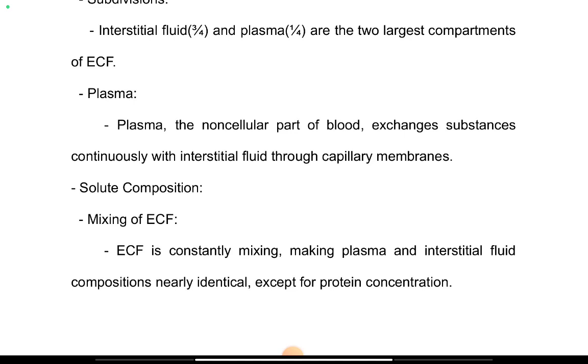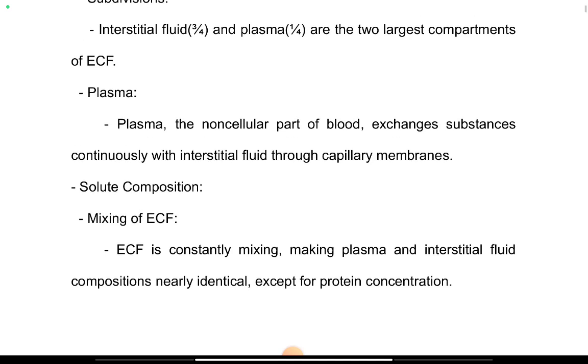The plasma is just the fluid within the blood vessels. Inside the blood vessels, we have the blood cells and the fluid. So the fluid medium is the plasma, and the blood cells are the white blood cells and the red blood cells. And also the ions, which are positively charged ions, cations, and negatively charged ions, anions.